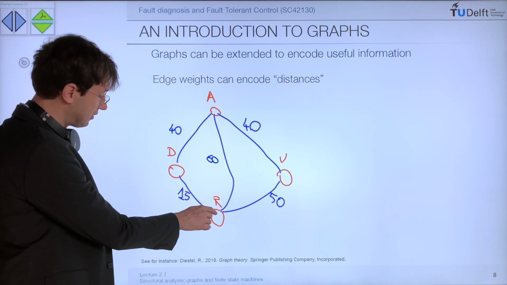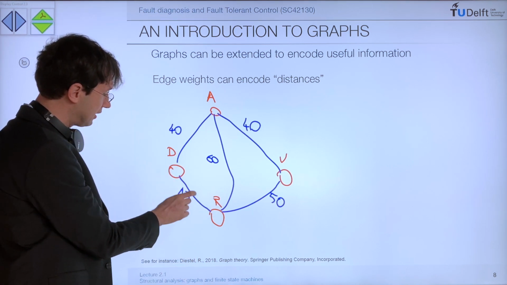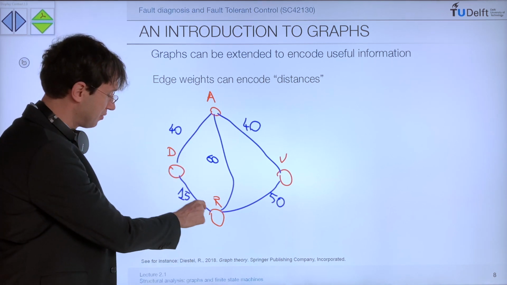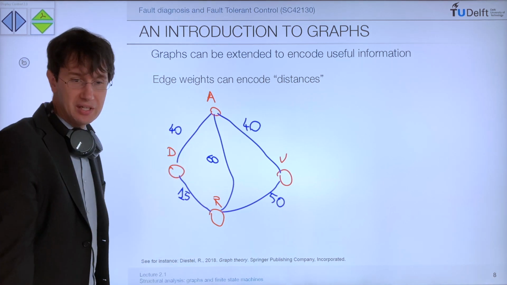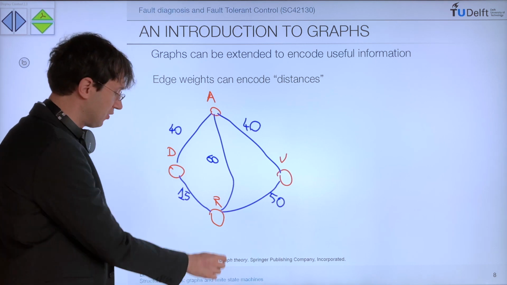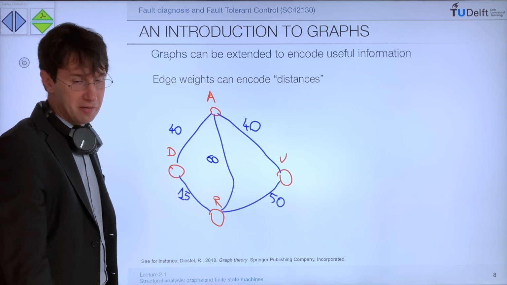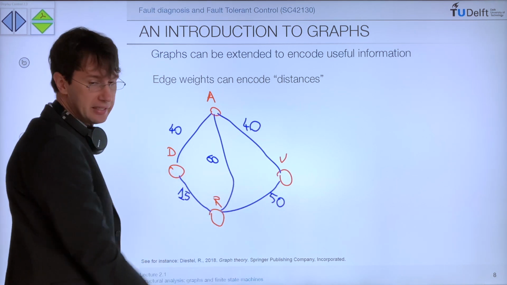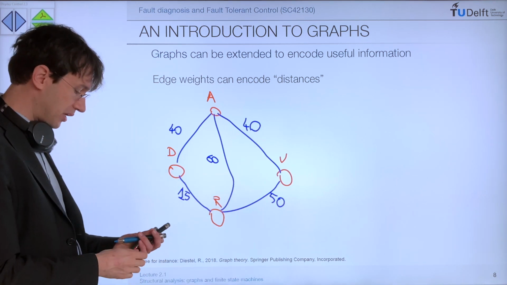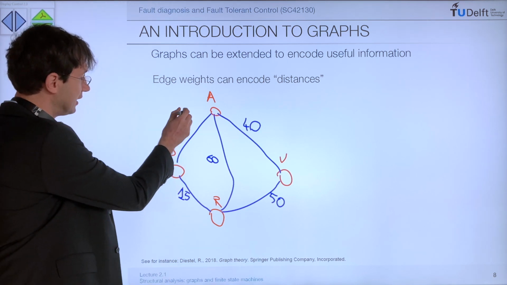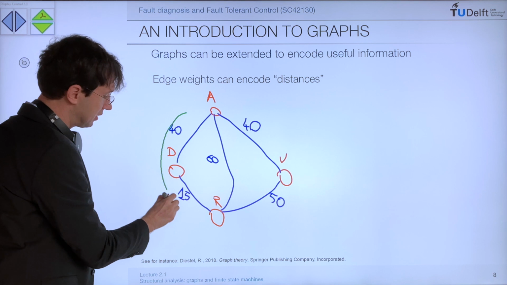But if I take this other road through Den Haag, the total is 55. So actually the shortest will be going through this path here. Going from Rotterdam to Utrecht and Amsterdam will take longer because the total here is 90. So we can say, okay, the shortest path is this one.